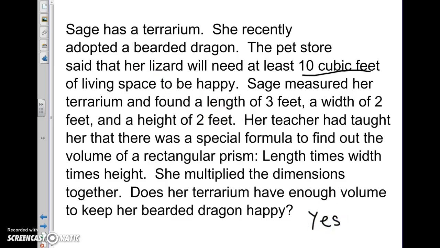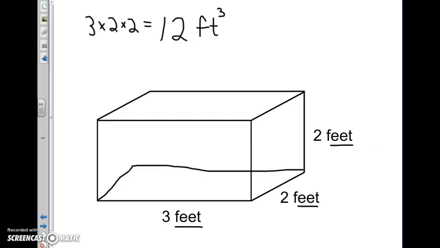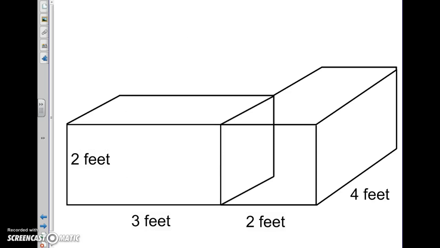All right. So the next thing I wanted to think about was, let's say that she enjoyed her bearded dragon so much, and her bearded dragon, though, sometimes seemed lonely. It seemed like she'd like to have a friend to hang out with. So Sage got a second bearded dragon. Well, it wouldn't be enough room if she just had the one terrarium for 2 bearded dragons. So she went ahead and purchased another terrarium.